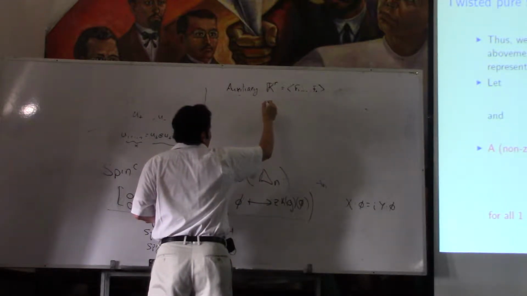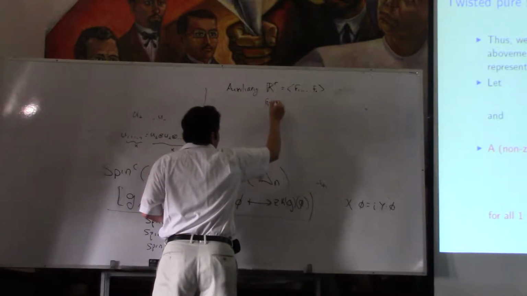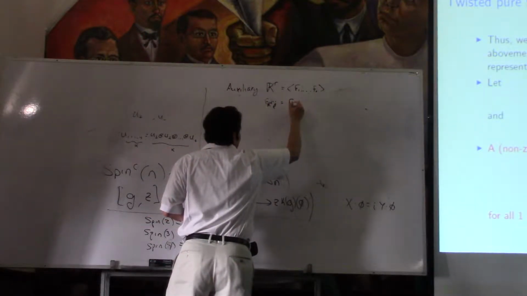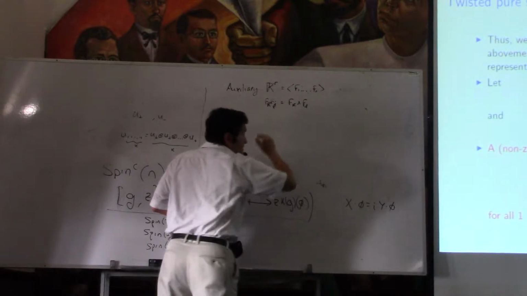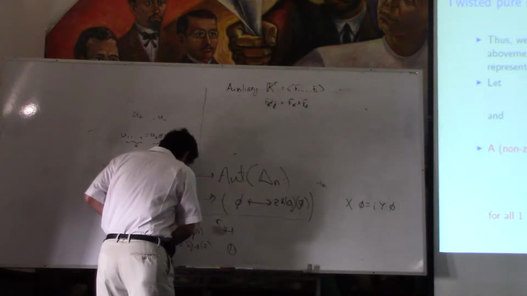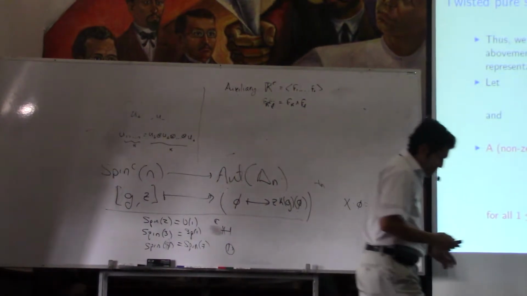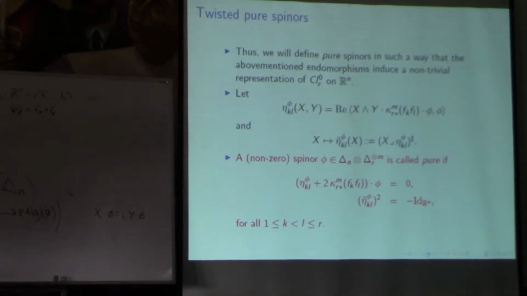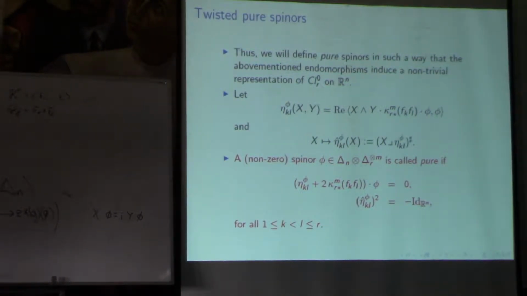And f_i, f_j, or well, I call them f_k, f_l, is basically f_k wedge f_l because the inner product is 0. And then I make it act on the corresponding representation. Okay, as I said, I promised it was going to be a lot of information, so it's not easy to keep up.